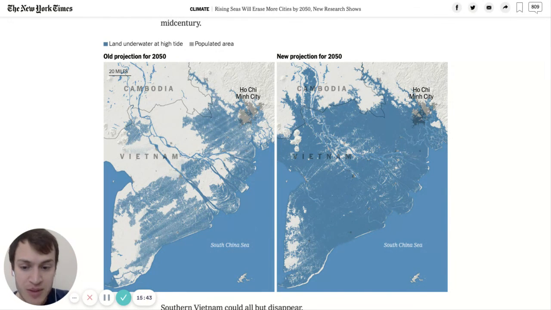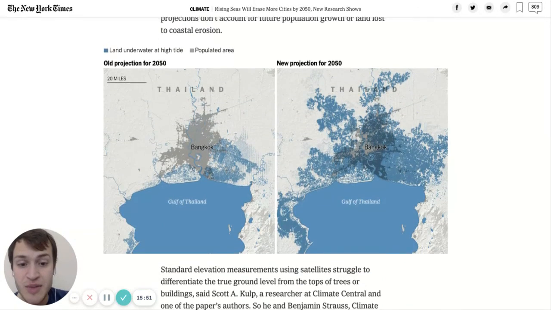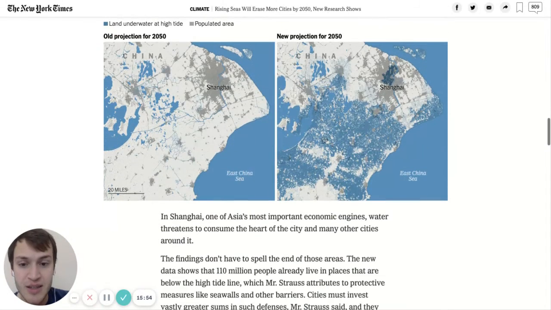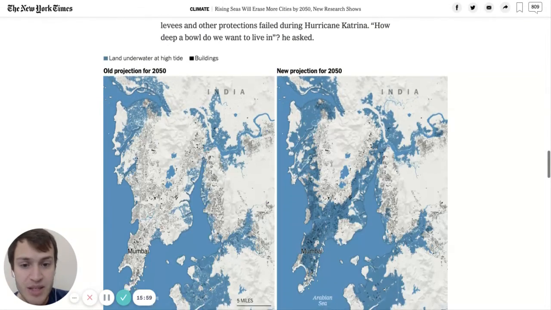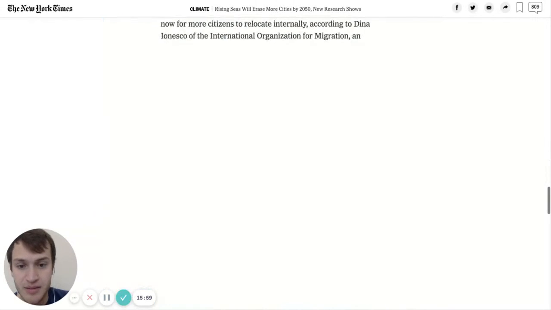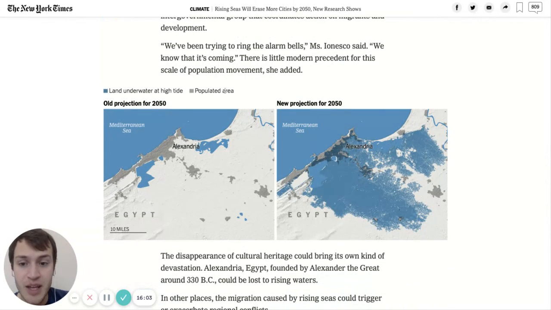And I'm showing you this so that you understand this is going to be a very dire problem. There are a lot of people that live here, and there are a lot of cities here. And it's not just Vietnam; it's other places like Thailand and China, India. But anyway, I just wanted to show you that very quickly.